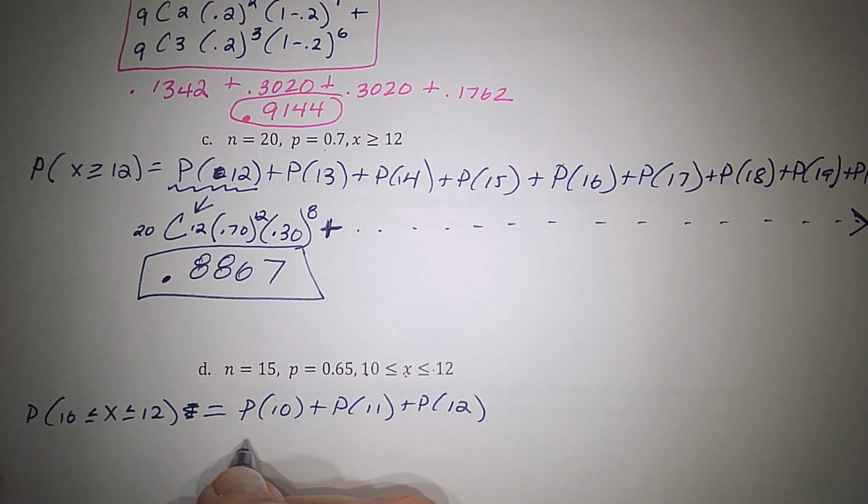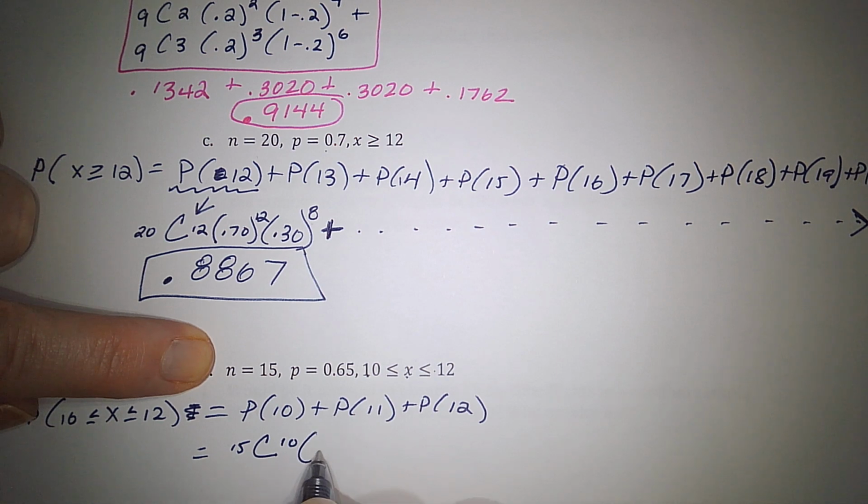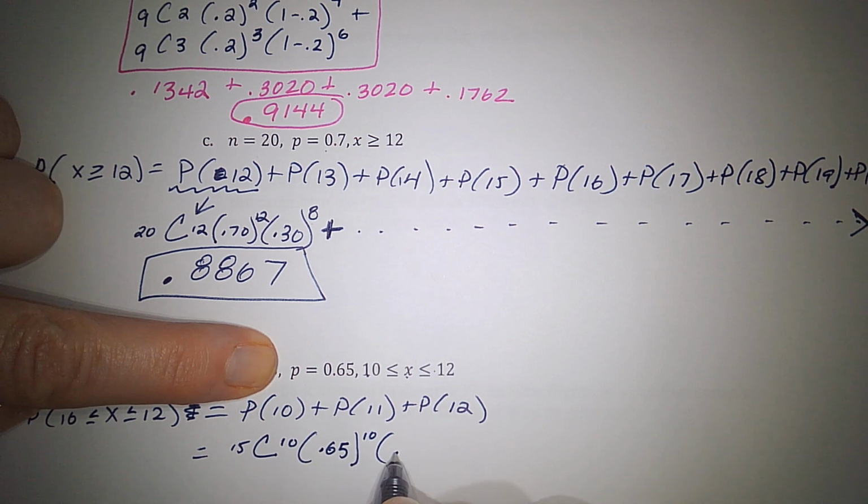So the probability of getting exactly 10 successes is going to be a combination of n total items, which is 15, and I want 10 successes, times the probability of success, and I want 10 successes, times the probability of failure, and I want 5 failures.